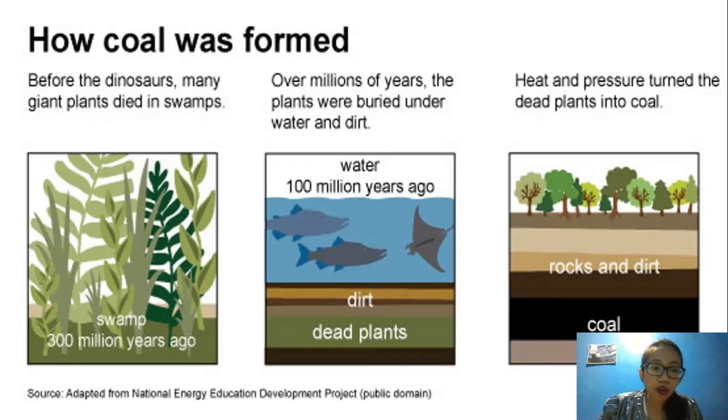So how was coal formed? Before the dinosaurs, there were giant plants, that's what I mentioned, the Carboniferous period. Then after millions of years, they were buried deep into the earth. And that's what we look for in terms of mining coal.